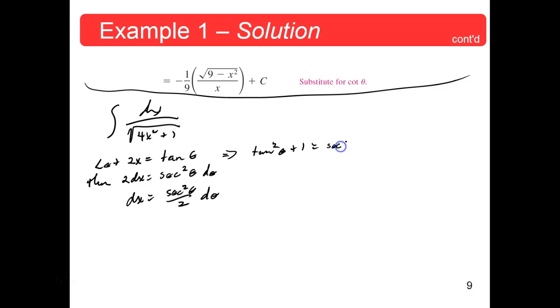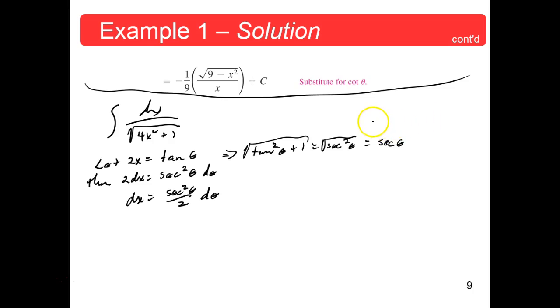Secant squared theta. Okay? And then you take a square root of that, which is what you're doing here. And I should have written in 2x in parentheses squared plus 1. That would be the square root of that. And this would be secant theta. All right. One other thing should we do?